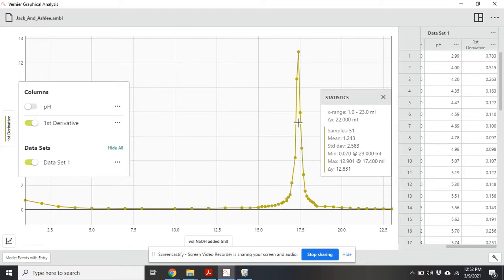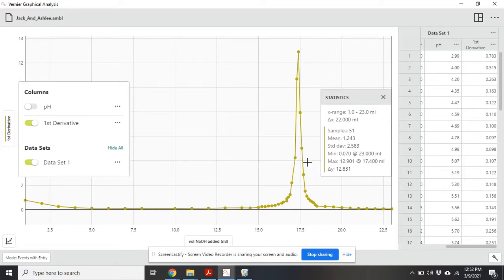And that slope peaks right where that curve is most vertical. And that place, the maximum, is at 12.09 at 17.4 milliliters.